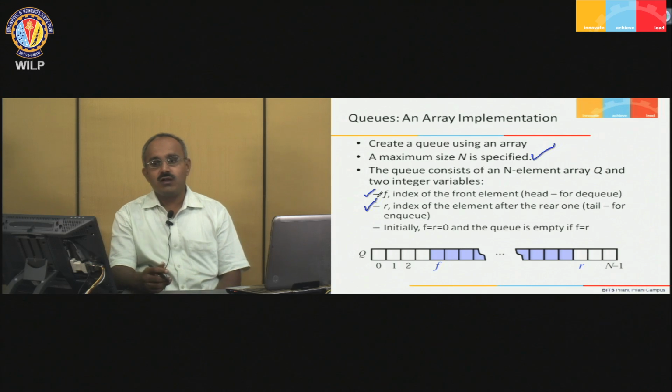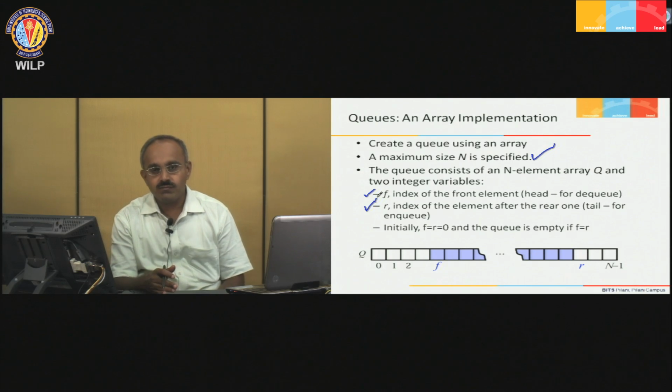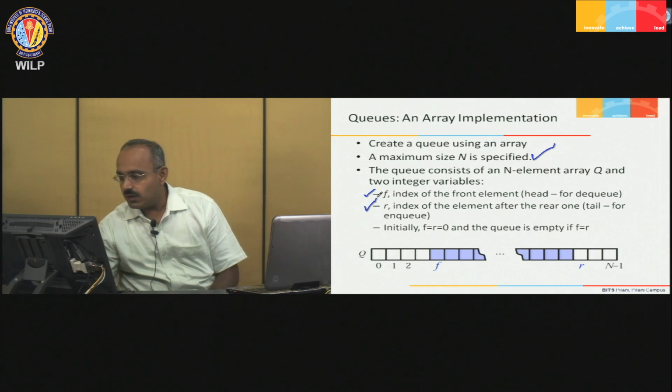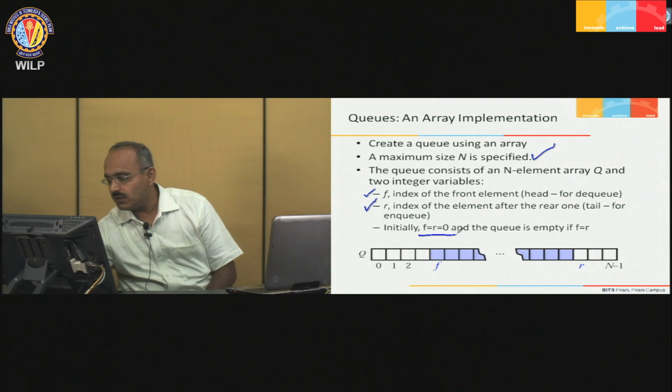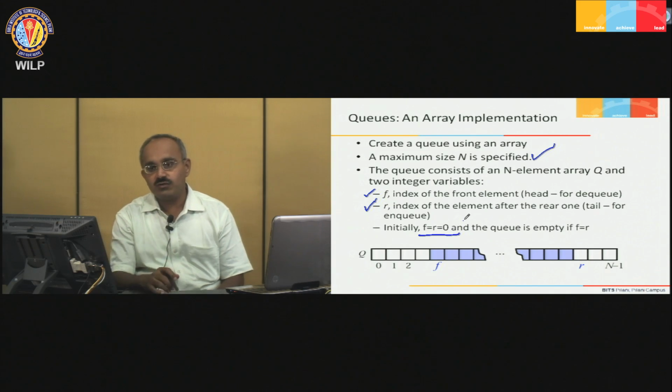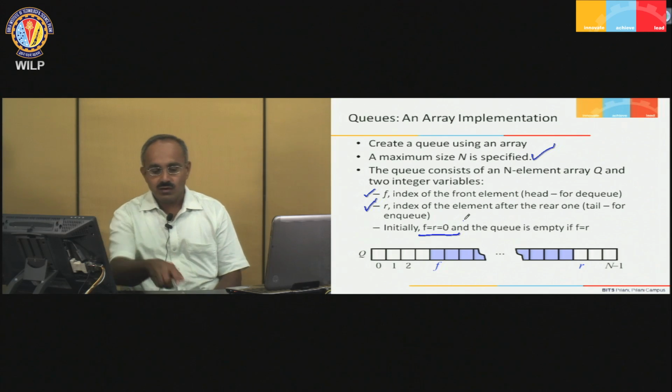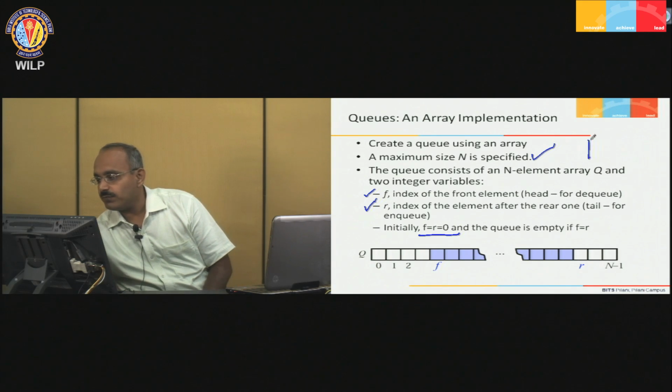Initially, before any elements are added to the queue, or the queue is yet to be populated, we are going to have the condition that front and rear point to the same index, which is 0. So initially your array is going to be like this, and you are going to have f equal to r equal to 0.